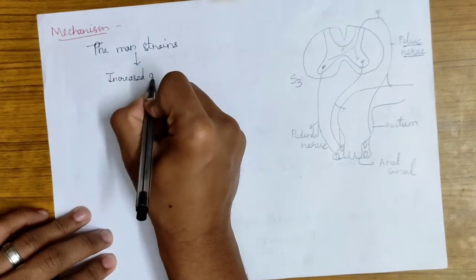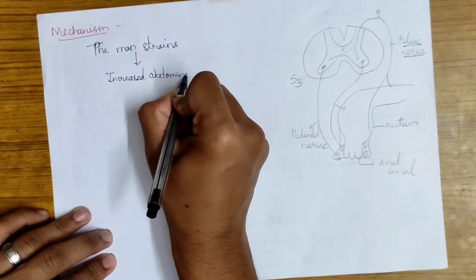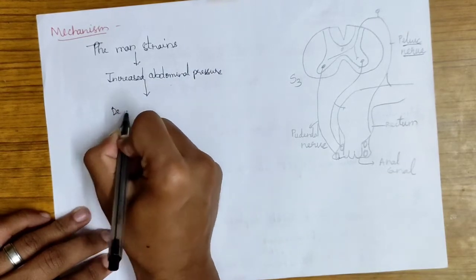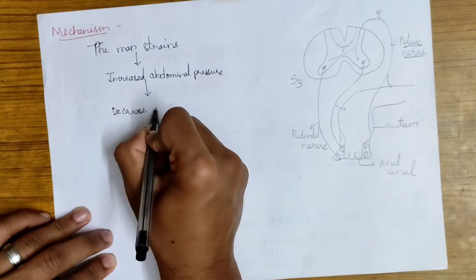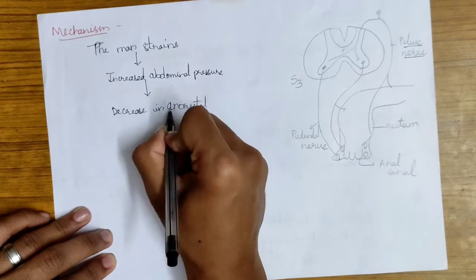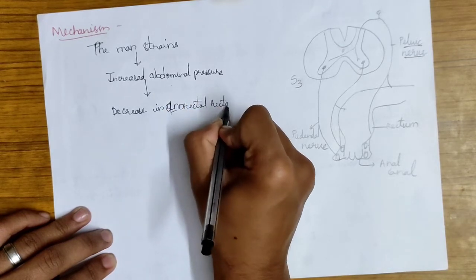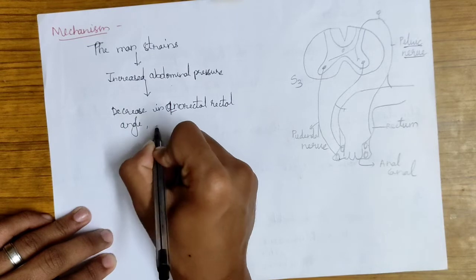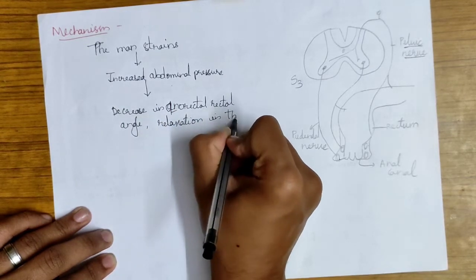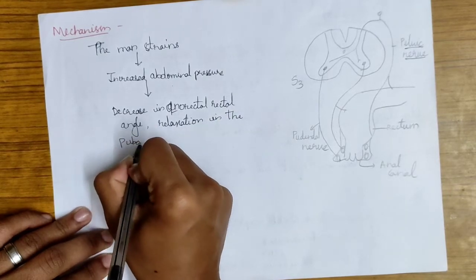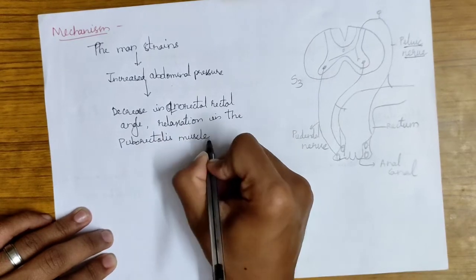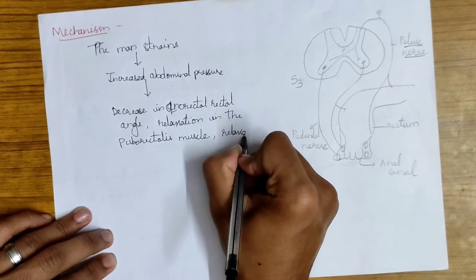This leads to the decrease in the anorectal angle, relaxation in the puborectalis muscle, and also relaxation of the internal anal sphincter.